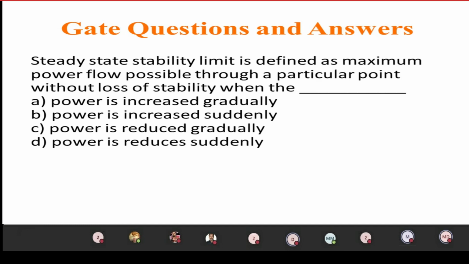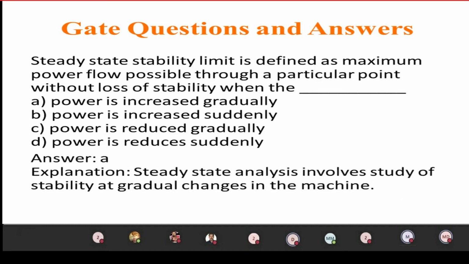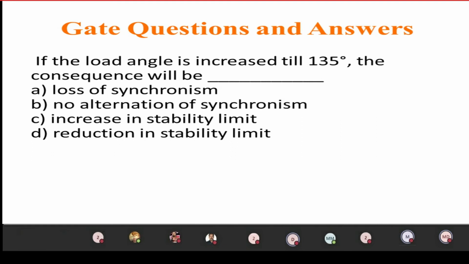Here, the steady state stability limit is defined as the maximum power flow possible through a particular point without loss of stability when the power is increased gradually. So steady state analysis involves study of stability at gradual change in the machine.